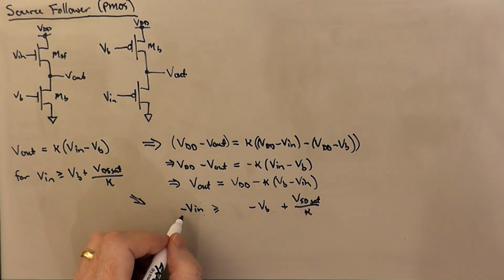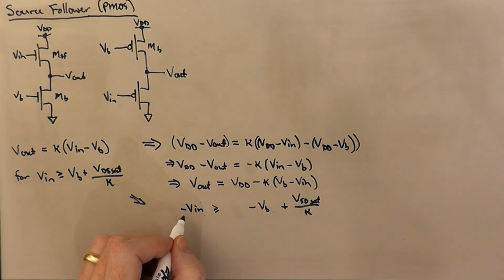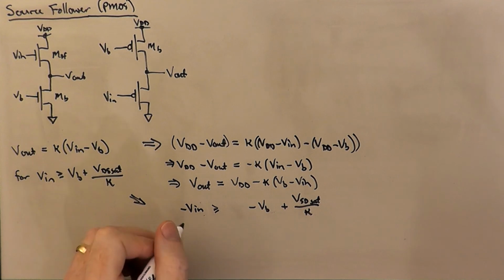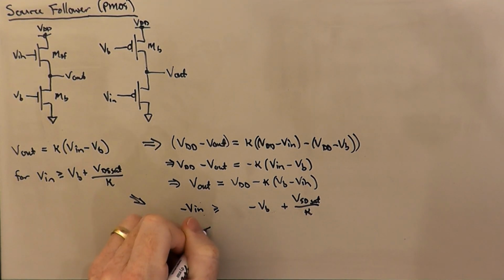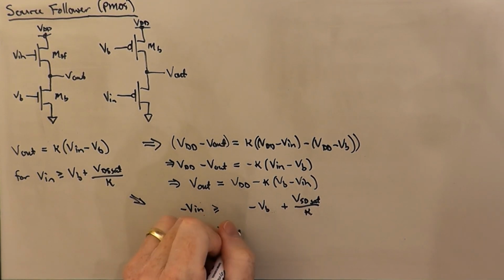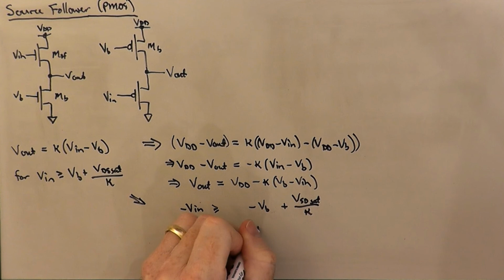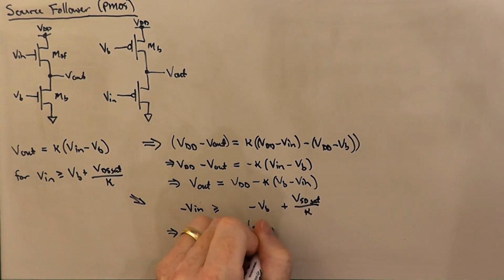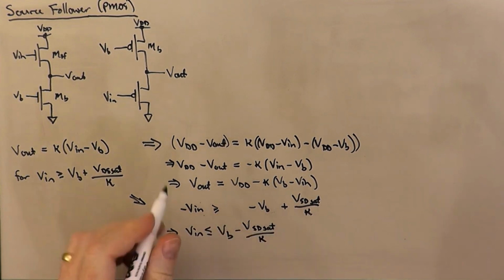And so we can multiply both sides of this inequality by minus 1. But you have to remember that when you multiply both sides of an inequality by a negative number, that will flip the sense of the inequality. And so multiplying by minus 1, we get Vn less than or equal to VB minus VSD sat over kappa.